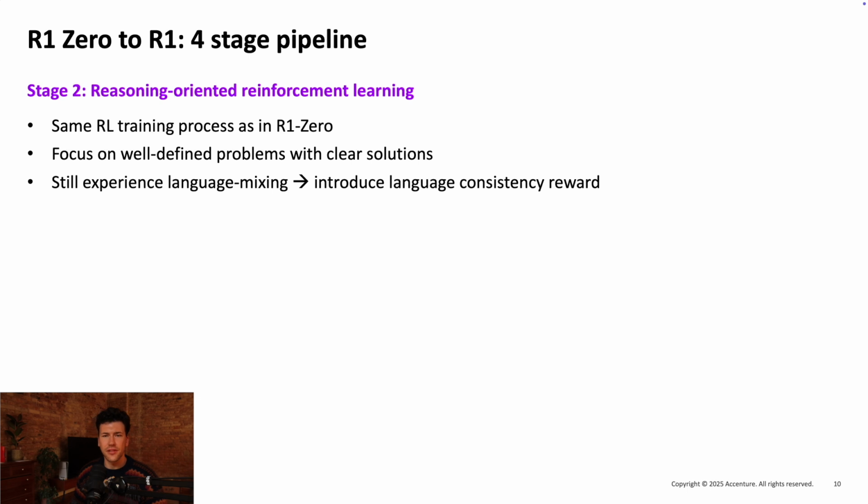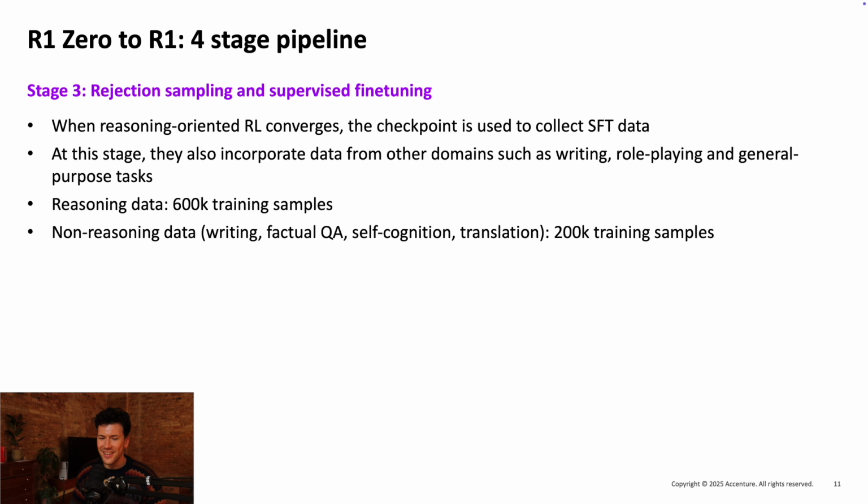Afterwards, after this first supervised fine-tuning stage, they use reinforcement learning as in the R1-Zero stage, where they again focus on well-defined problems. Until now they've only used problems where they had fixed solutions, but they want the model also to be good in other domains such as writing or role playing and general tasks.